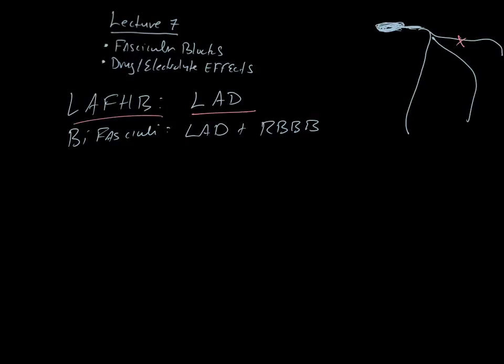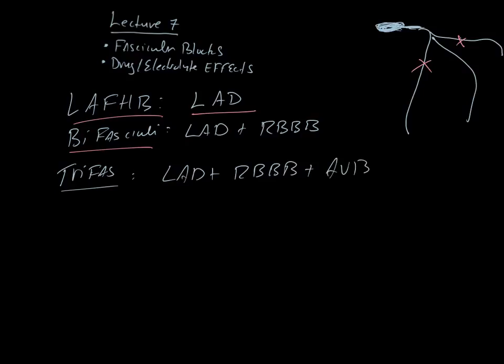If I block the left anterior fascicle and the entire right bundle branch, that would give me a bifascicular block, right? And then finally, if I have a trifascicular, what is that? LAD plus right bundle branch block plus an AV block of any sort, right? So I'd have a block up here.